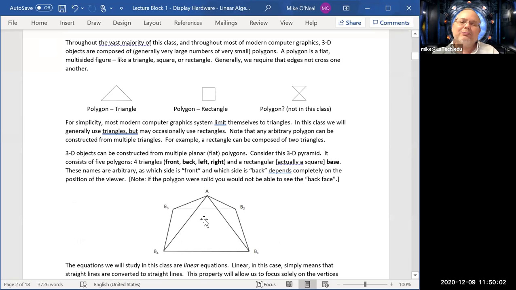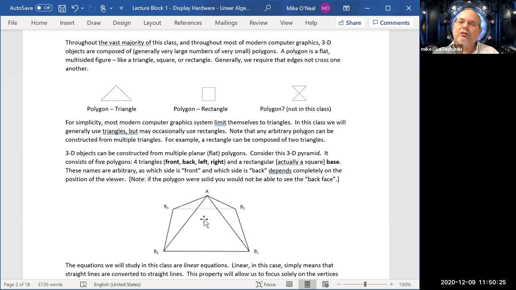And you might say, well, it doesn't matter what's outward and what's inward. It's going to matter a great deal when we get to what's called backface culling, where if you want your objects to look solid, you have to decide not to draw certain faces of your objects.